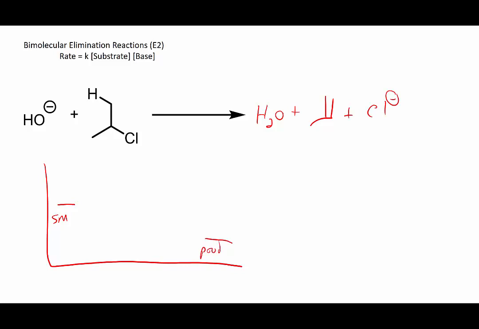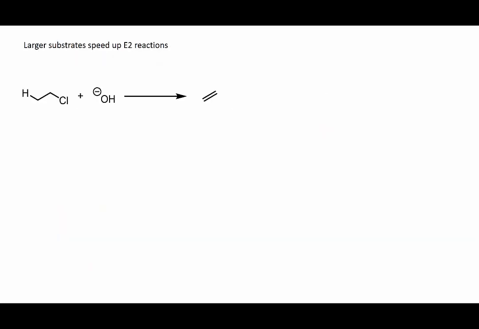Because this is a concerted mechanism, we're only going to have one transition state. That's right here. And again, that transition state is where we're beginning to see the pi bond formed and the leaving group come off, along with that proton. Unlike SN2 reactions, a larger substrate will actually speed up elimination reactions, or E2 reactions.